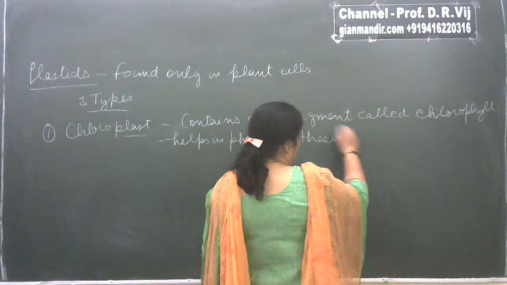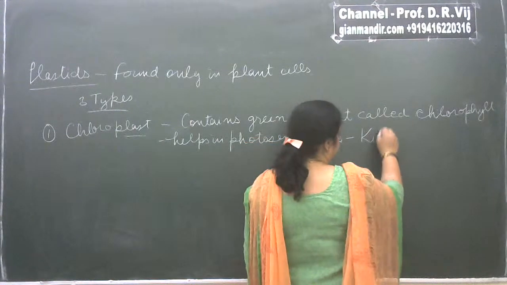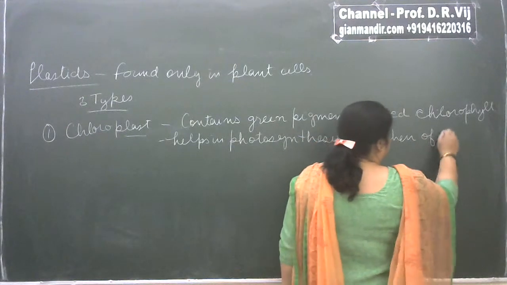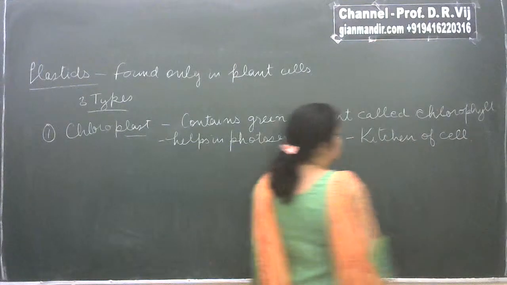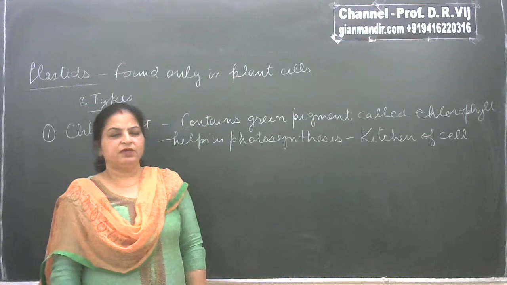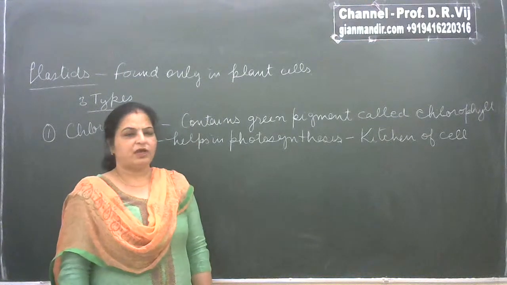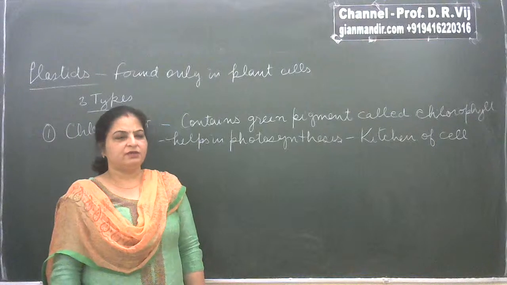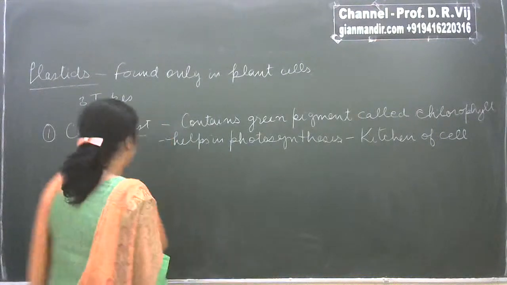That's why the chloroplasts are also known as the kitchen of the cell, because the process of formation of food occurs in a kitchen, and in chloroplast this food formation is occurring. That's why chloroplast is known as the kitchen of the cell.